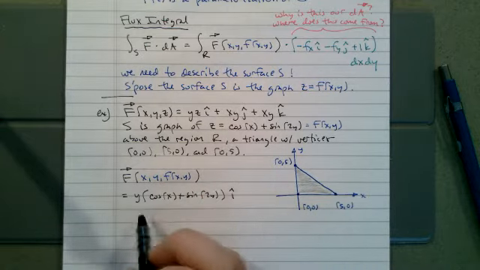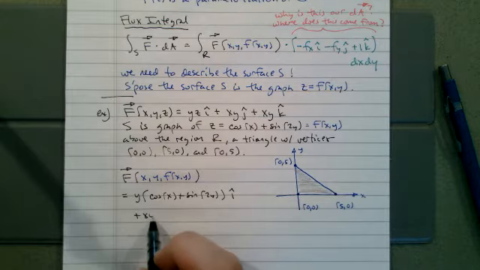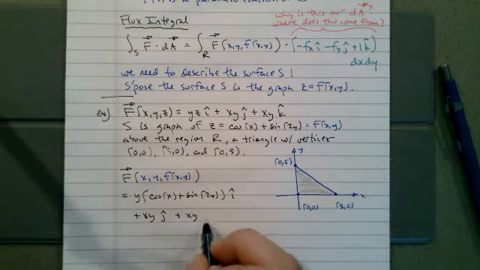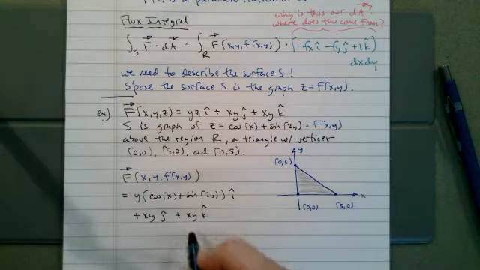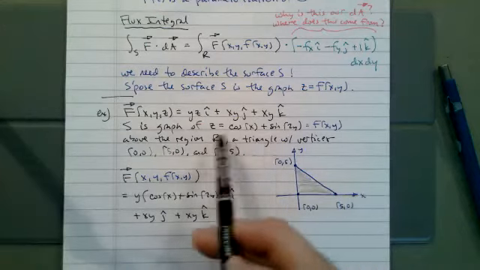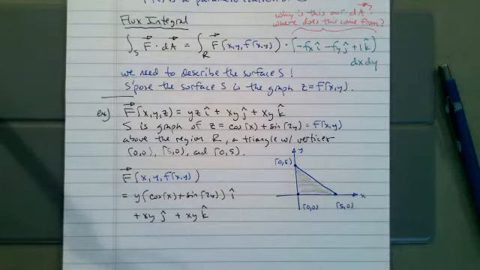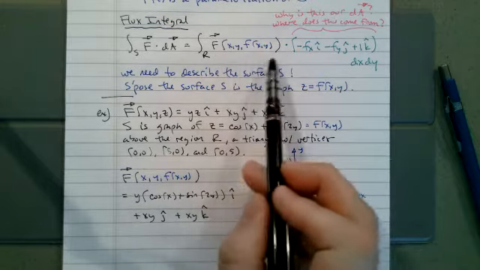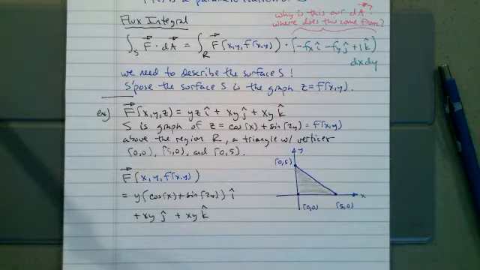The next term is plus xy times j plus another xy times k. I don't like that this was repeated, but I'm happy that it doesn't involve z. So I just had to replace the z with our function. This is just the first piece, the function evaluated at the surface.